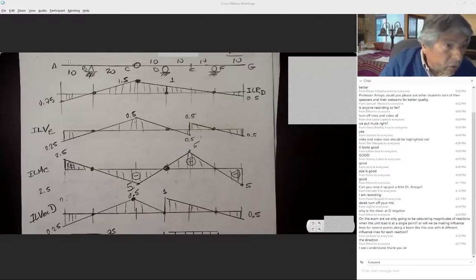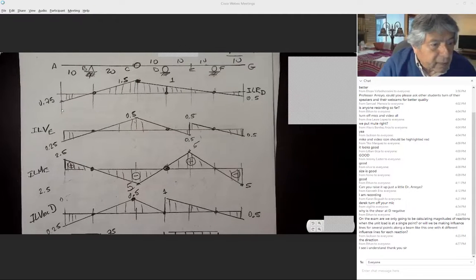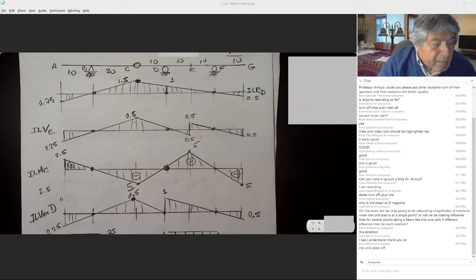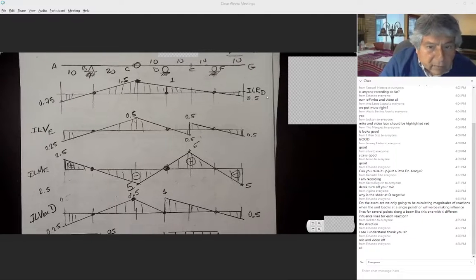When the unit load is at this location, it's producing this moment at E. And when the unit load is at this location, it's producing this shear to the right of D, 0.25. So I did it a little bit differently. For every load case, I computed at the same location the values for the reaction at D, the shear at E, the moment at E, and the shear to the right of D.